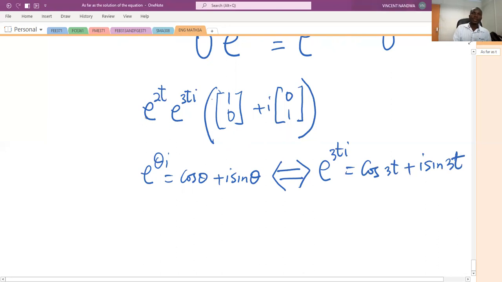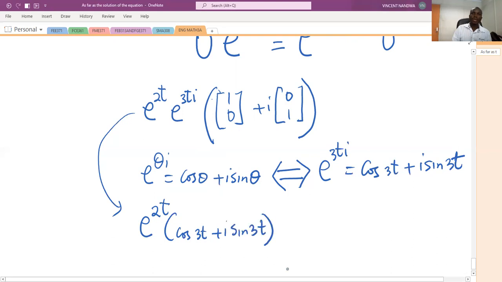So we will write this one as e raised power 2t times, instead of writing this one, we'll have cosine of 3t plus i sin 3t, and then you multiply by the vector 1, 0 plus i 0, 1.